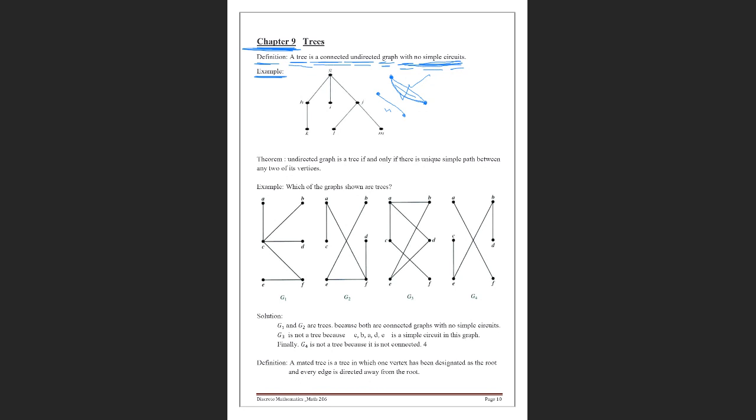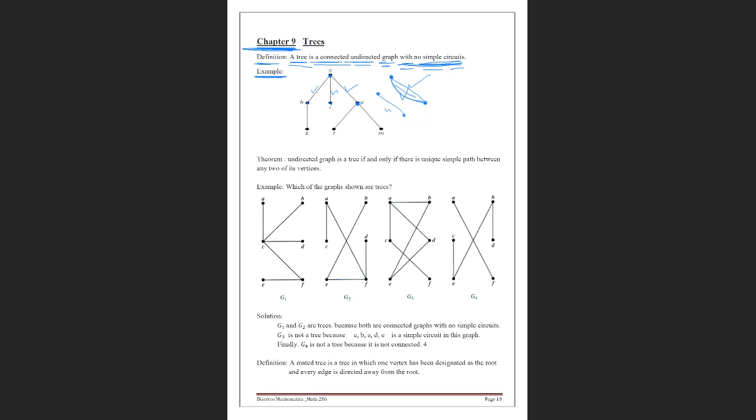So look here, if you take this G and this H, here only one path, only one edge. If you take this G and this I, here only this one edge, only one path. If you take this G and J, here only this path.